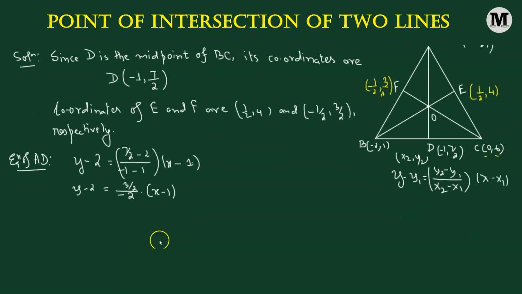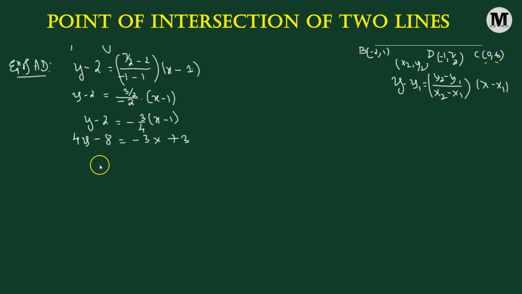Further simplification gives us y minus 2 equals negative 3 over 4 multiplied by x minus 1. Let's cross multiply: we get 4y minus 8 equals negative 3x plus 3. Rearranging the terms, we have 3x plus 4y equals 11. So we have obtained the equation of AD.